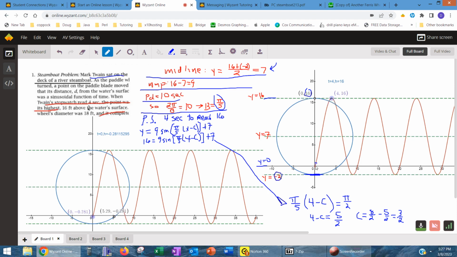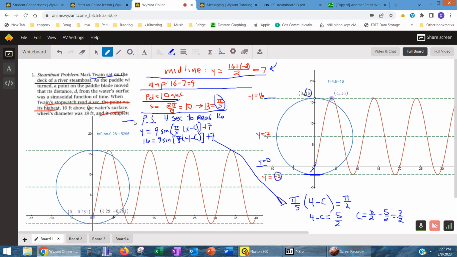And normally, if we started at 0, it would take 5 seconds because the period is 10 seconds. It would take 10 seconds to complete one full revolution, so it would take 5 seconds to reach the high point. So there has to be a phase shift.